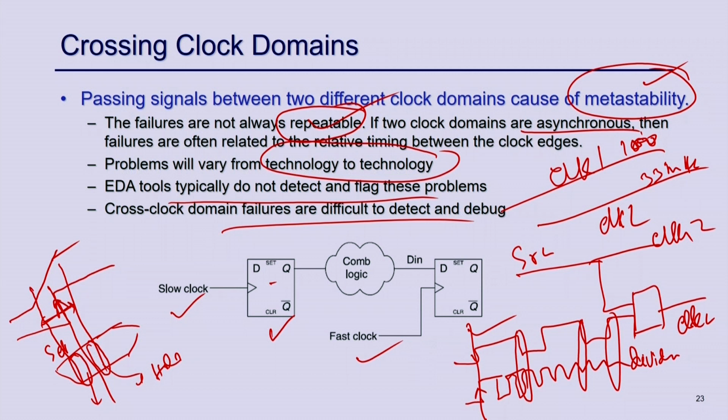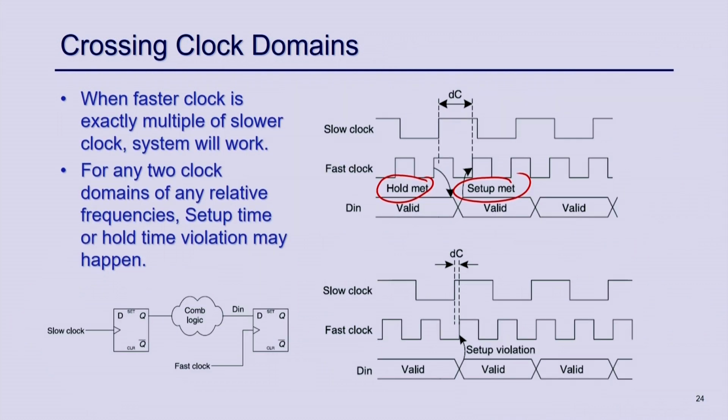That happens when data is going from a slower clock to a faster clock, because their edges are not aligned. So, whatever data is coming here may not sync with this particular clock, right. Because of that this kind of problem will happen.